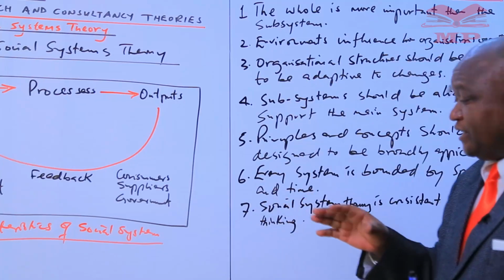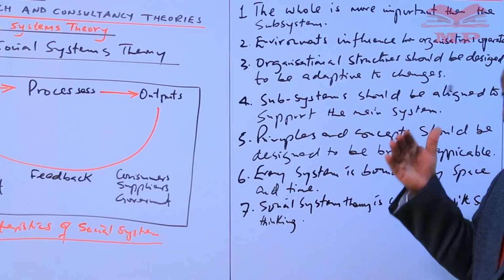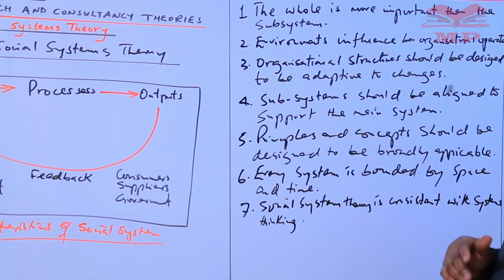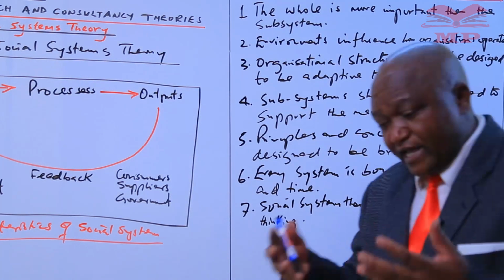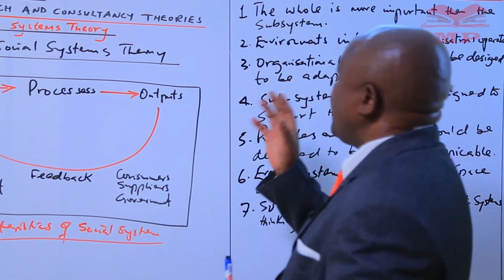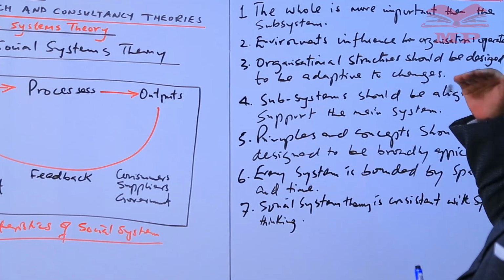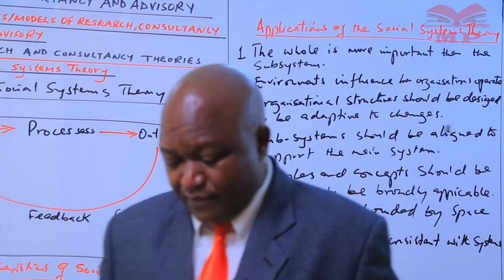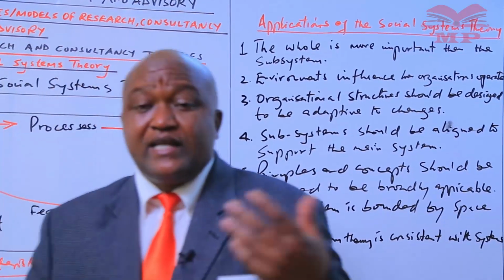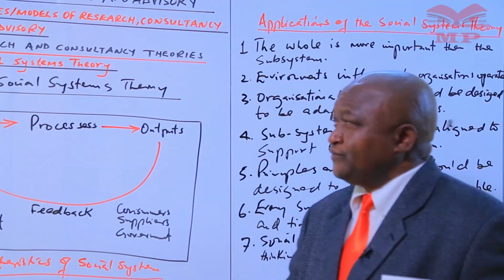So the whole organization must look at issues holistically. Whatever decision is being taken, it has to be taken in the context of the entire organization. So these are some of the areas where social systems theory can be applied in management and other operational areas.